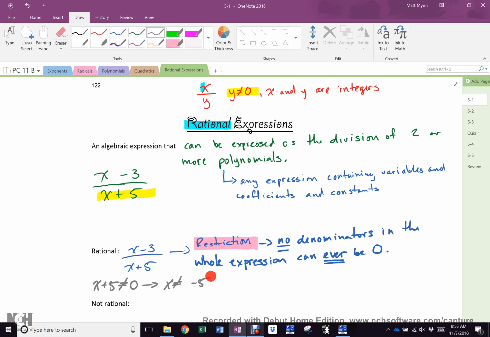X can be -4.999999999. X can be -5.000000000000001, but it cannot be -5. Does everyone understand that? No matter what, even if I put other stuff here, x can never be -5 because that would make that term irrational. Is everybody good? Okay.